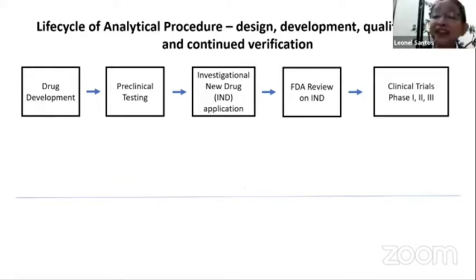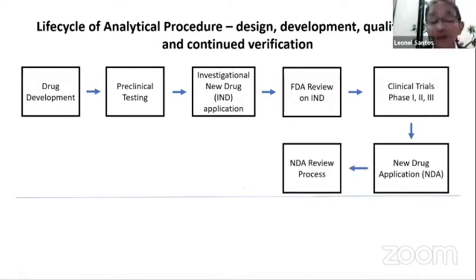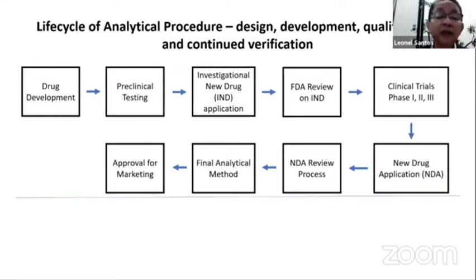And it goes to the 3 different clinical phases, phase 1, 2, and 3, until it becomes a new drug application. It continues in terms of the review from the FDA until the analytical method is finalized before the company gets approval for marketing.